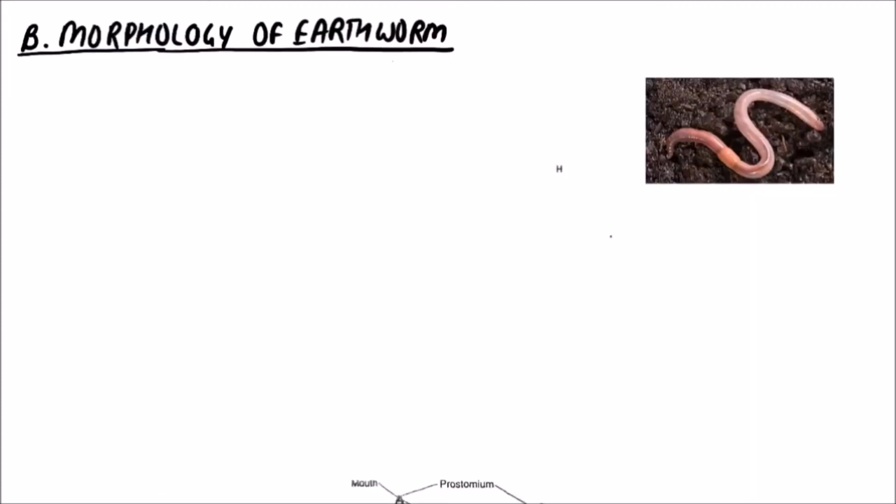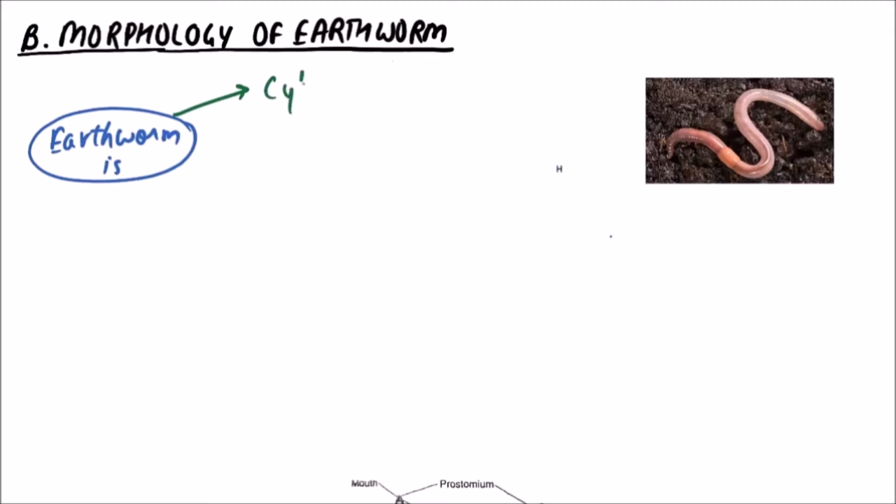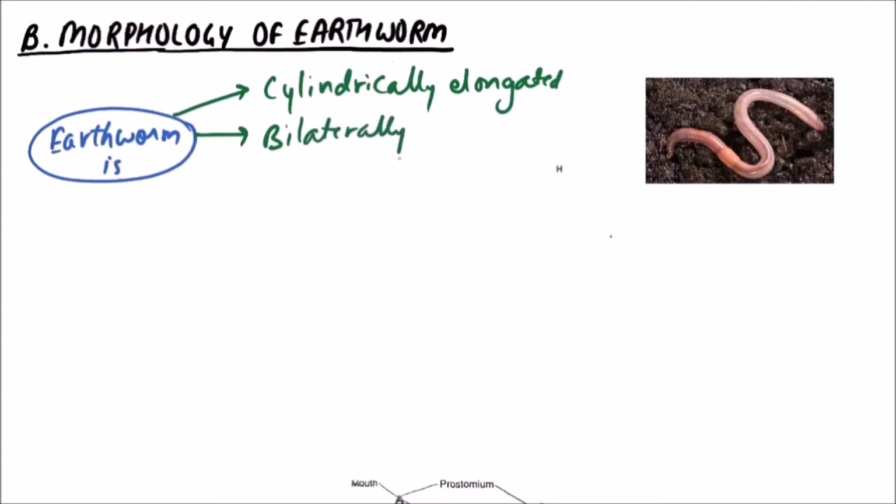In this video, we are going to discuss the morphology of earthworm. Earthworm is cylindrically elongated, bilaterally symmetrical, and metamerically segmented.